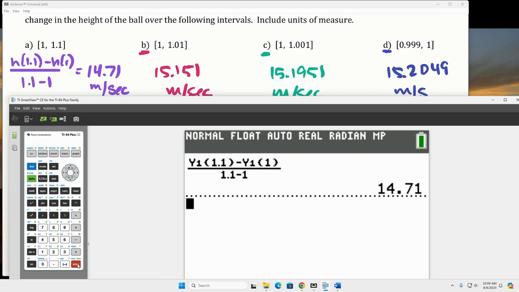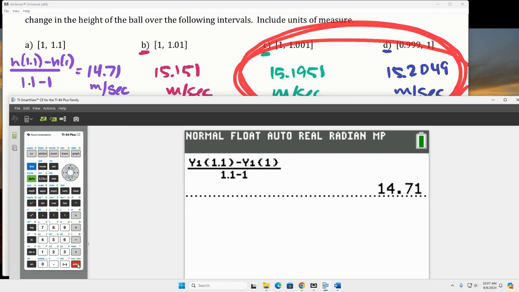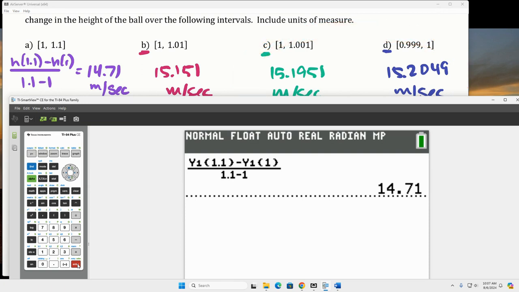All right, so even if you didn't do that problem, jot down what the answer is. Okay, so A through C is on the right side of 1, and then D is on the left side of 1, that interval. And so this question right here should be kind of in between these two. So if you were just going to guess at what you think it is, what would you guess? 15. I would guess 15.2 also.